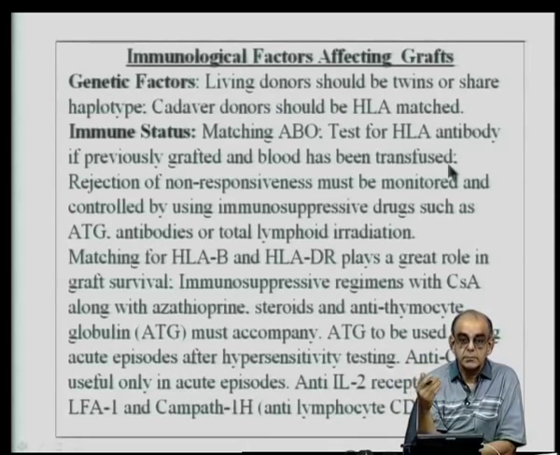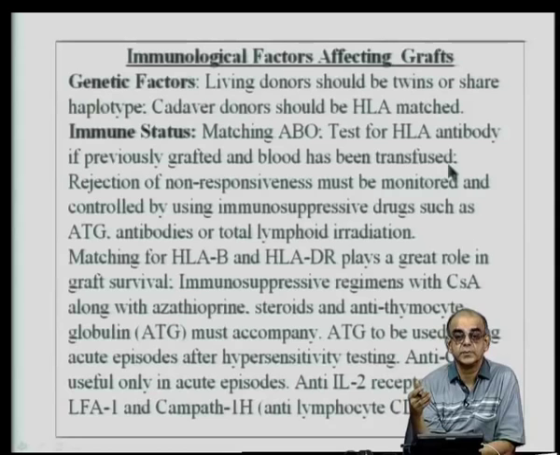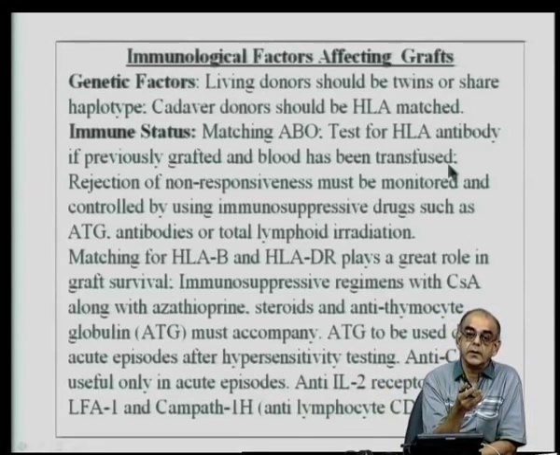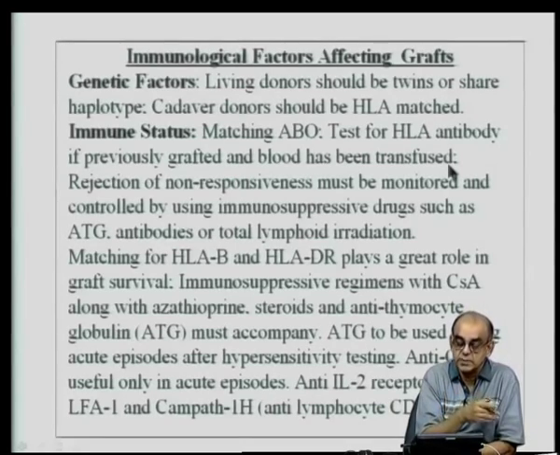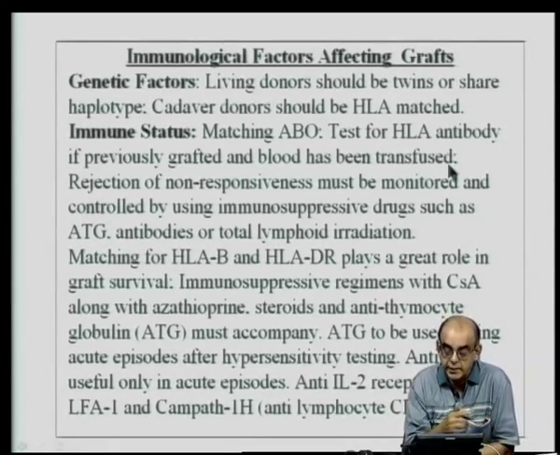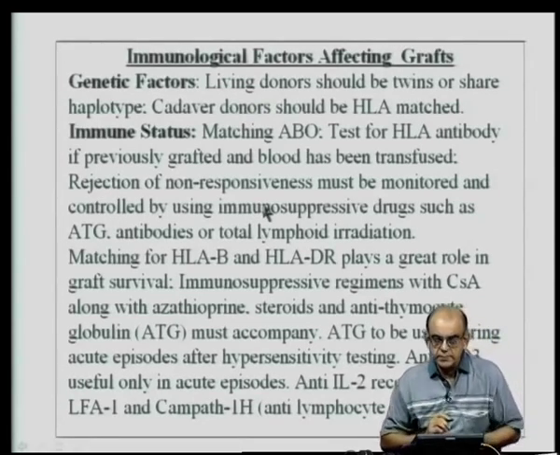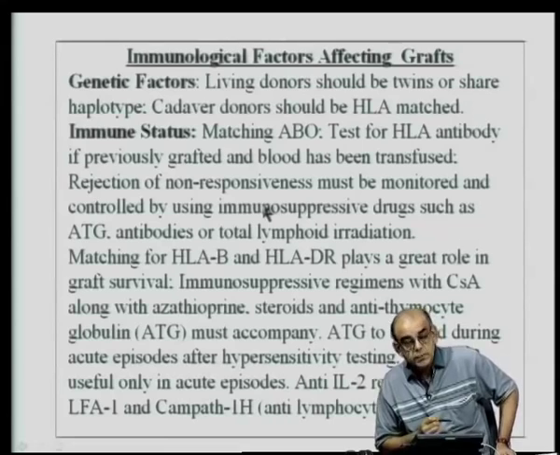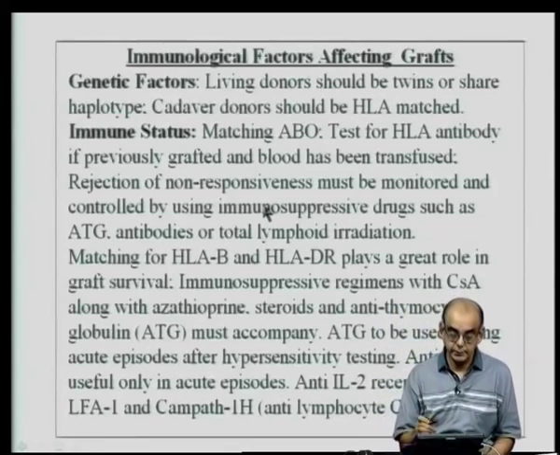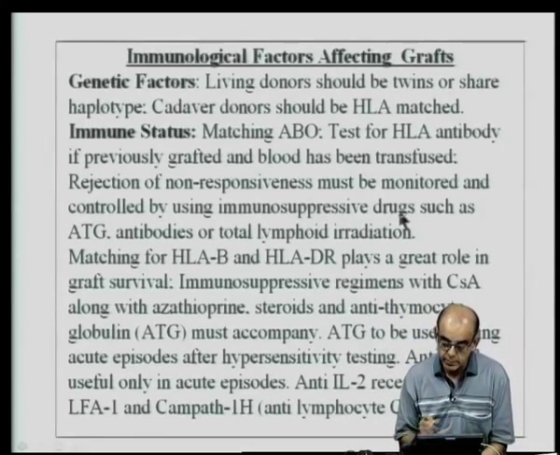Of course, some of these T cells are not a major problem when you are requiring blood, but they may cause problems because they will have elicited anti T cell immune responses over a period of time, and then when one has to get an organ, you will have these T cell responses playing a major inflammatory role. So, the rejection or non-responsiveness must be monitored continuously in grafted individuals and controlled by using immunosuppressive drugs.